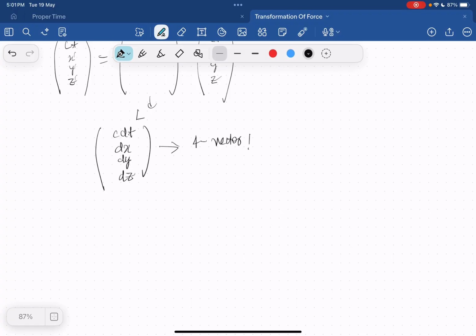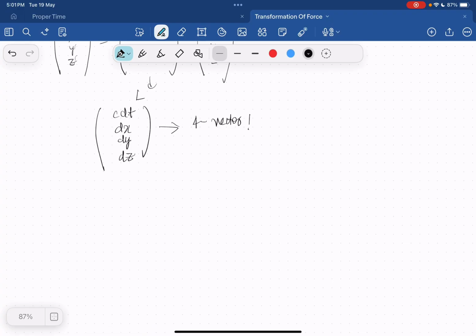Now we can construct another four vector by multiplying by some scalar, say lambda.